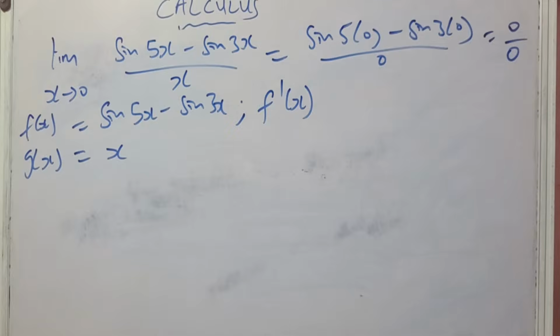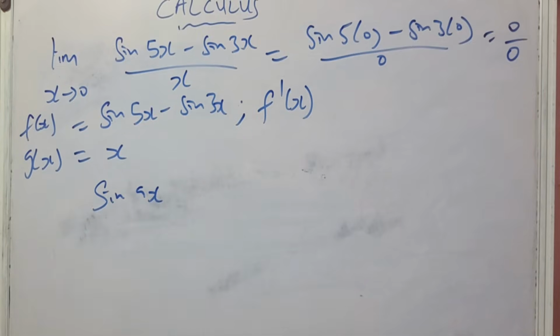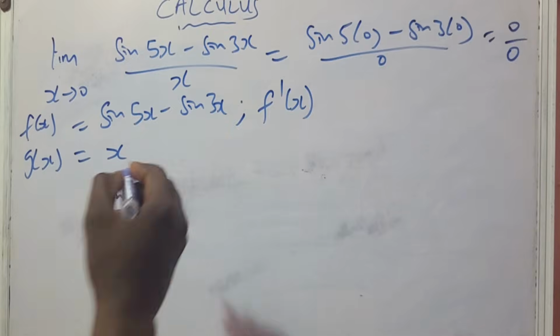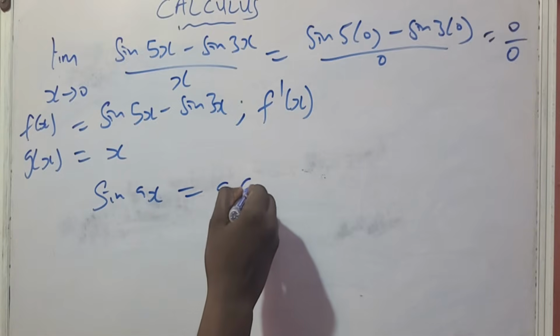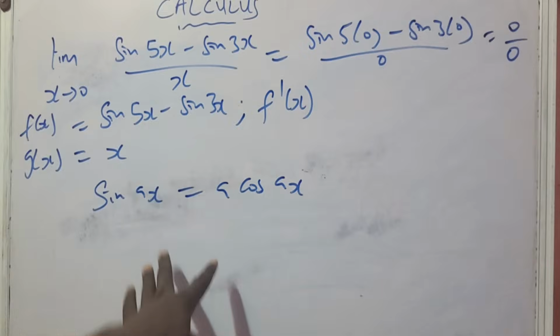There's a part in the table that gave you the opportunity to solve questions that had sine AX. If you check through your table, you will see a situation where you had sine AX. And if you're trying to differentiate sine AX, the response will be A cos AX. It's just an identity already.